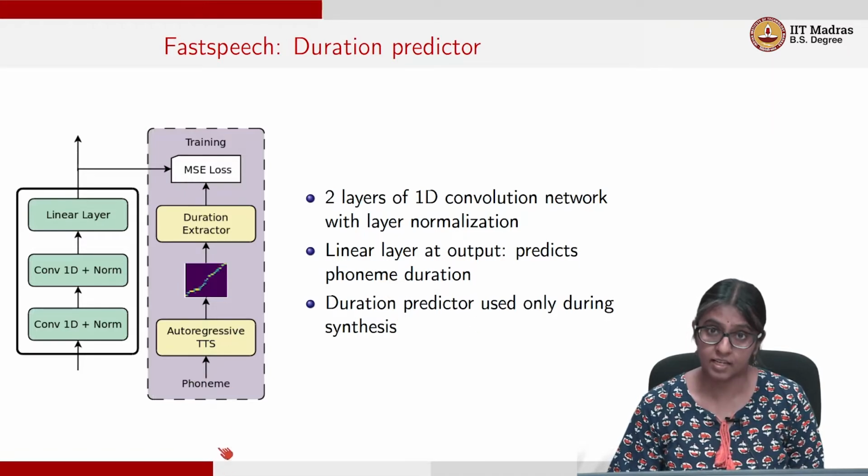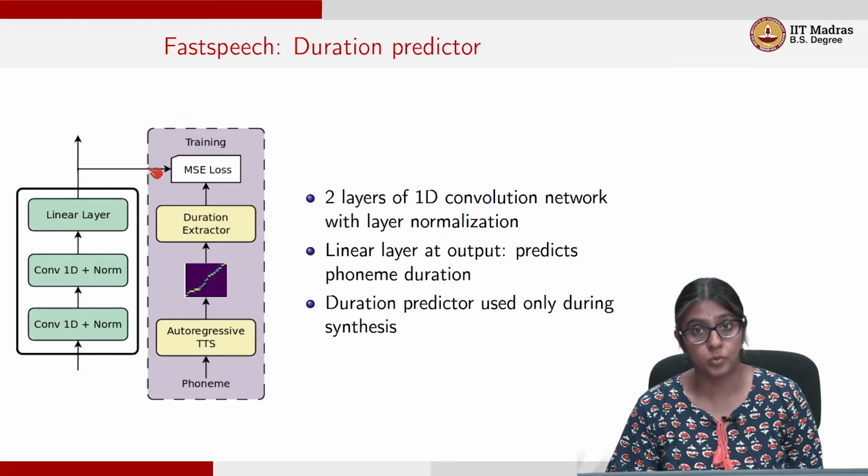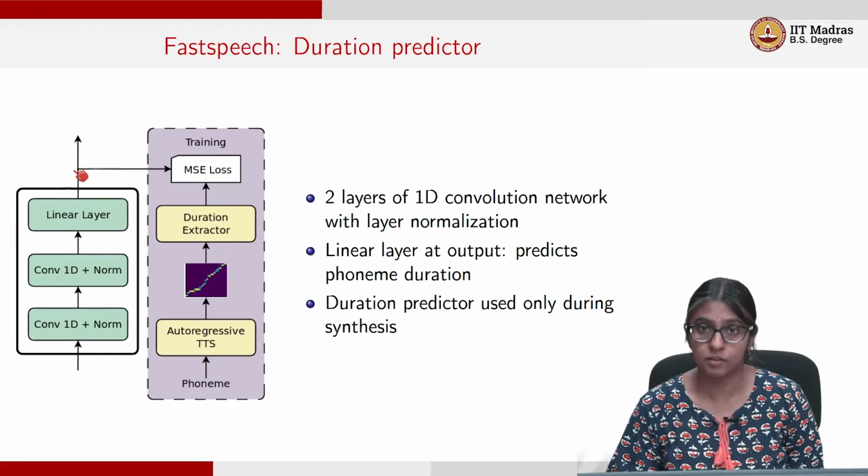You pass the entire training text through it, and you get these alignments predicted by the autoregressive TTS. That is, these are basically the attention alignments for all the training data, and this is what we have during training. And for prediction during synthesis, we have to learn this small duration prediction network.